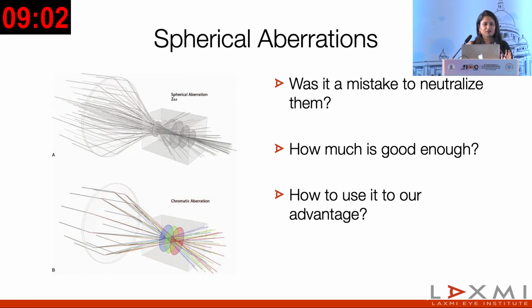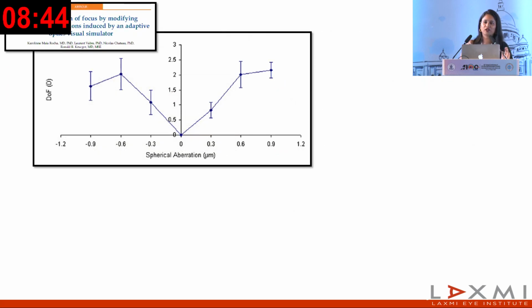Now spherical aberrations already exist in the eye and I think it was probably nature's way of prolonging presbyopia. But there was a time when we wanted to neutralize them to get crisp distance vision. Now we have understood how to use this spherical aberration to do our bidding and to give us a better depth of focus. But there is a limit to what we can increase and how much.